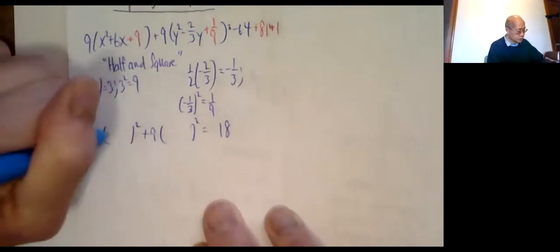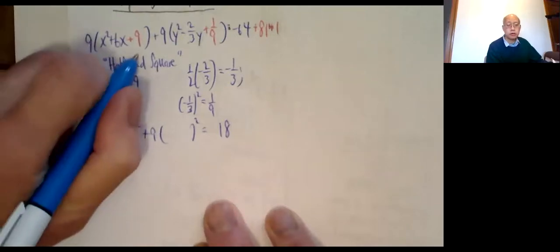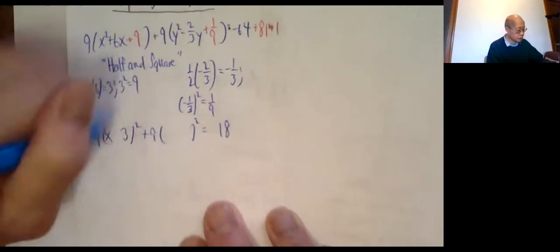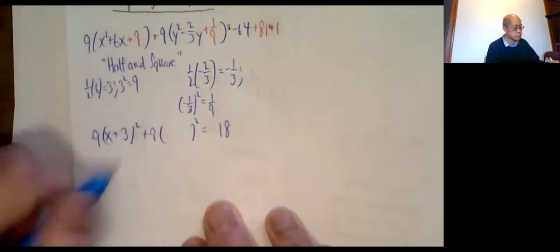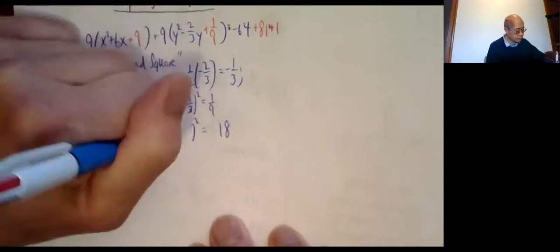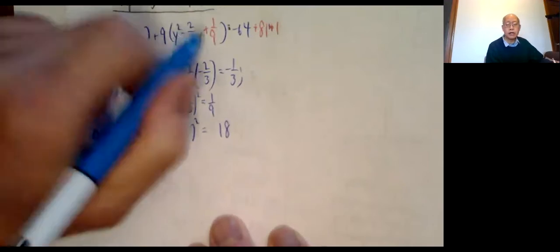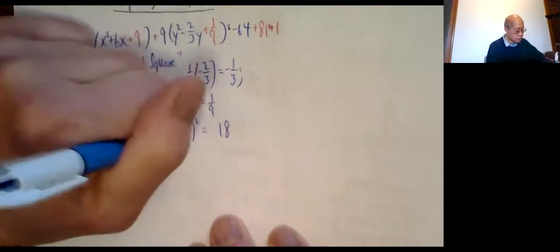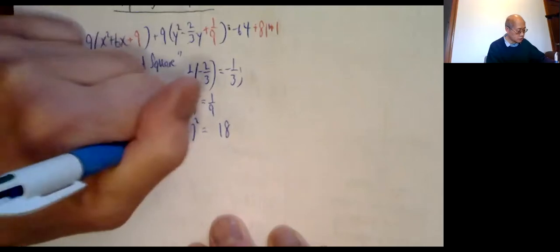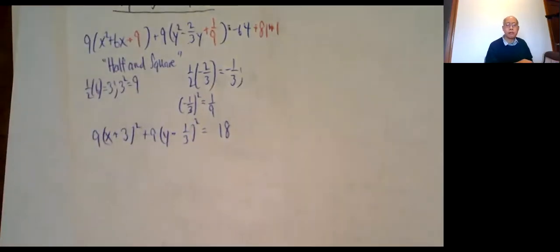Square root of x squared is x. Square root of 9 is 3. And the sign is a plus. Same thing here, the square root of y squared, y. Square root of 1/9, 1/3, keep the sign minus.